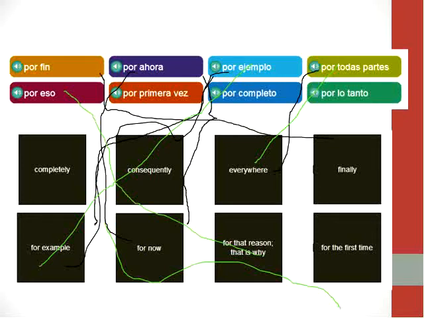Good. Por primera vez, for the first time. Por completo, completely. Did you see that word? Completar, complete. And por lo tanto. Por lo tanto. Consequently, or for that. I think of it as for that reason.